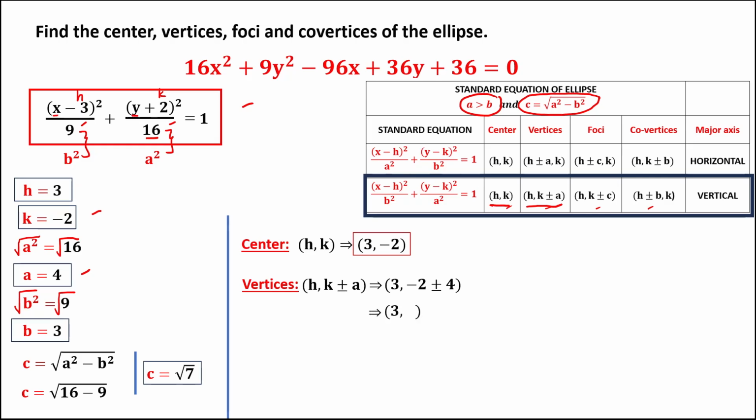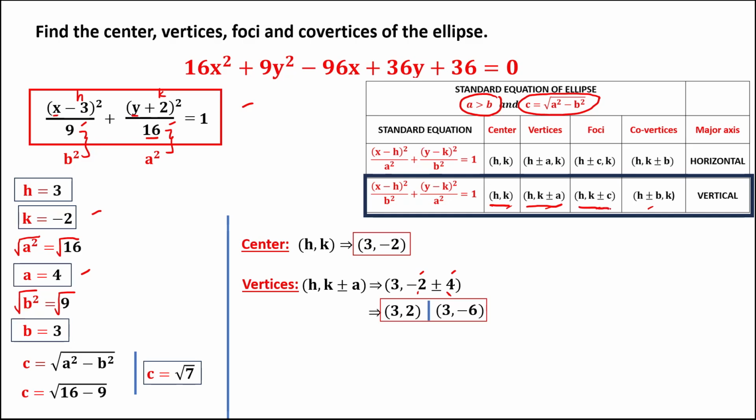Then to simplify, negative 2 plus 4, that's positive 2. Then the other coordinate of the vertices, we have negative 2 minus 4, that's negative 6. So these are now the coordinates of the vertices.